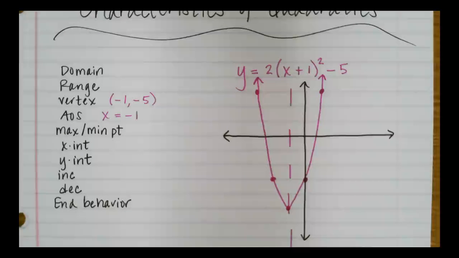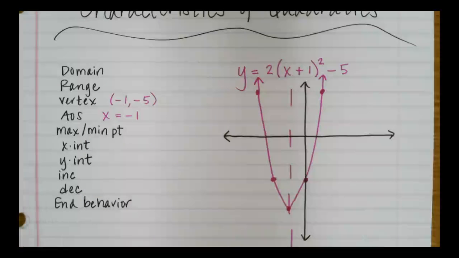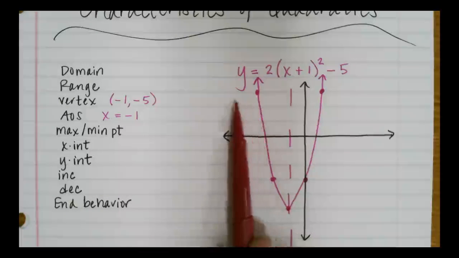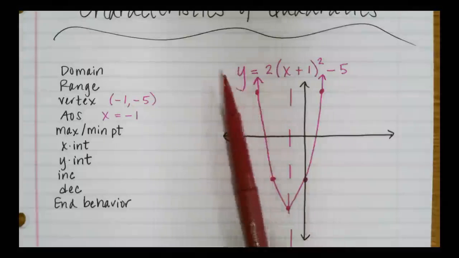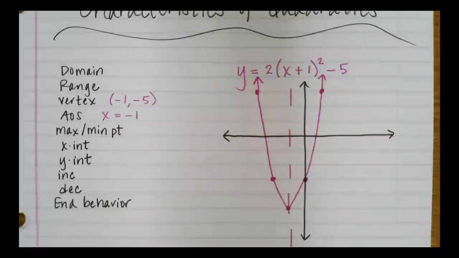All right. Okay, so now we're going to go through and take care of all of the other details. First off, domain. Remember, domain is the x values, and it's talking about the smallest x to the largest x. So how far left is this parabola going to go? Well, it's just going to keep going up and out forever.